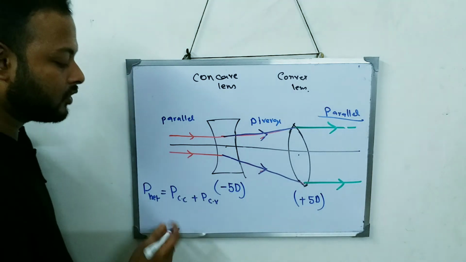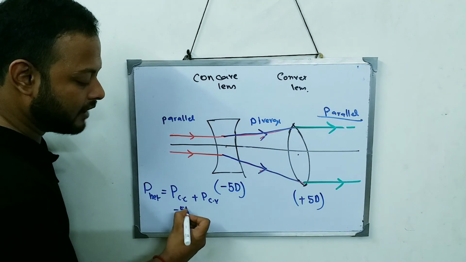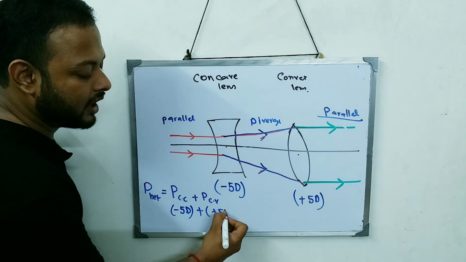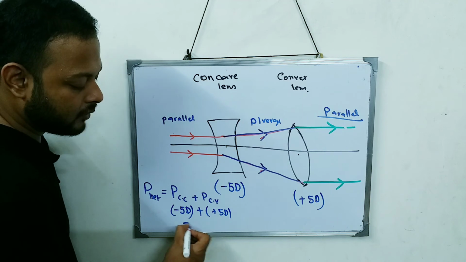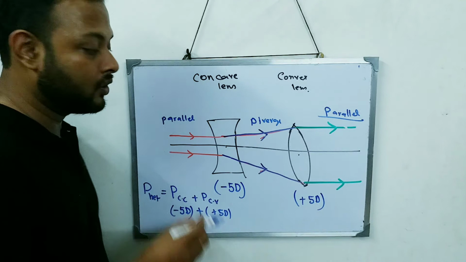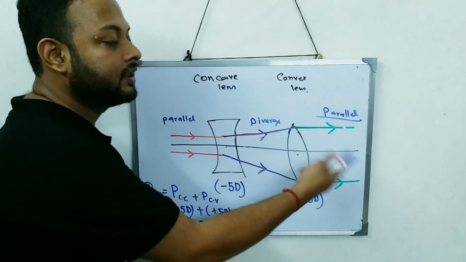Now what is the power of the concave lens? Minus 5 diopter. And what is the power of the convex lens? Plus 5 diopter. If you solve it, how much does it come to? 0. So you can see the resultant power becomes 0. Initially it is parallel, finally it is parallel.